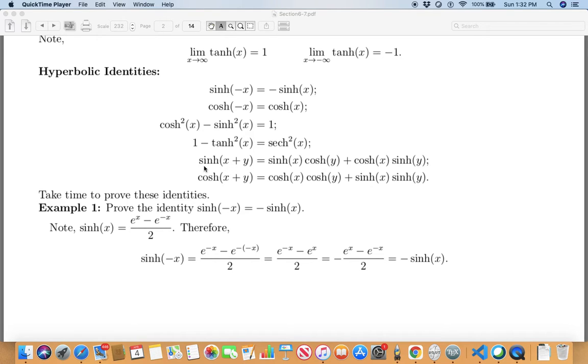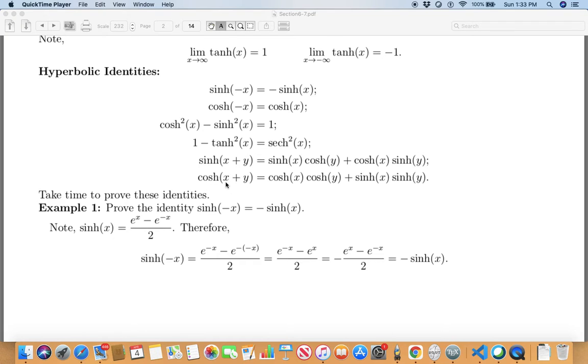Some formulas. Sine hyperbolic of x plus y is sine hyperbolic of x cosine hyperbolic of y plus cosine hyperbolic of x sine hyperbolic of y.